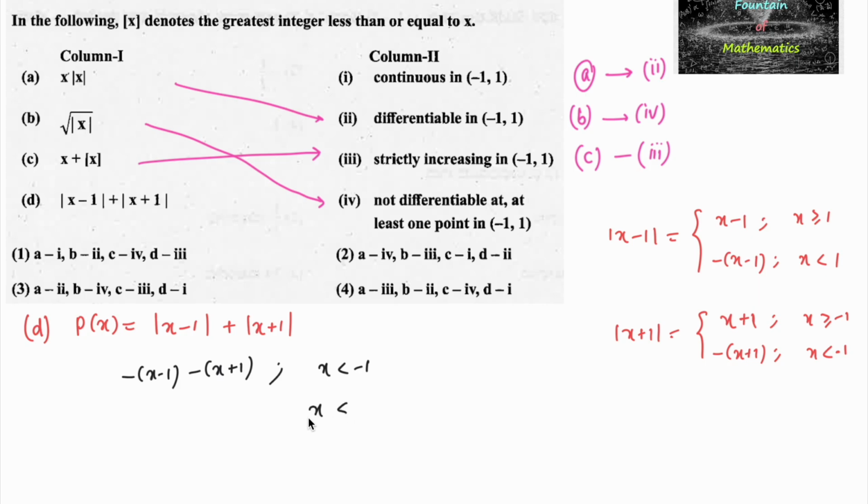And for x lies between minus 1 and plus 1, mod of x minus 1 we can write as negative of x minus 1, and here we can write plus of x plus 1. And in the third case, when x is greater than 1, we can consider both as positive, that is x minus 1 plus x plus 1.